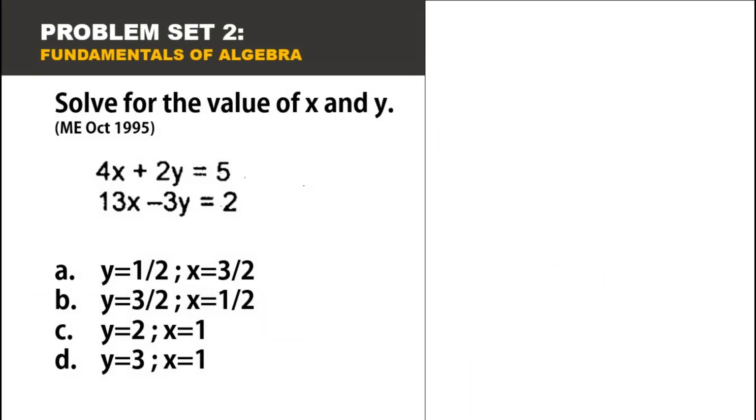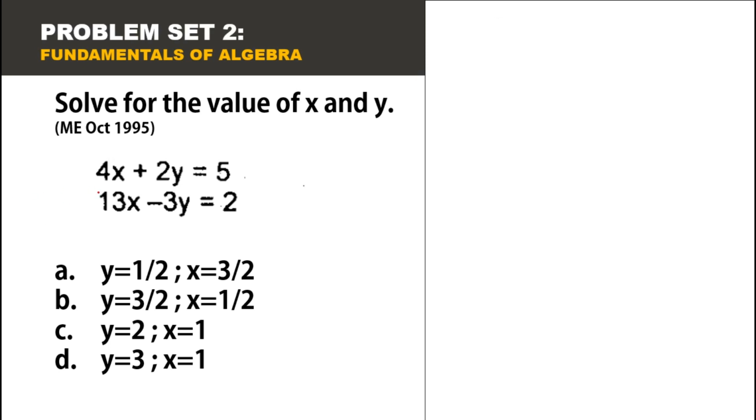Now for the value of x and y, we have 4x plus 2y equals 5 for the first equation. For the second equation, we have 13x minus 3y equals 2. We can use substitution or elimination for this. I recommend that you use elimination.